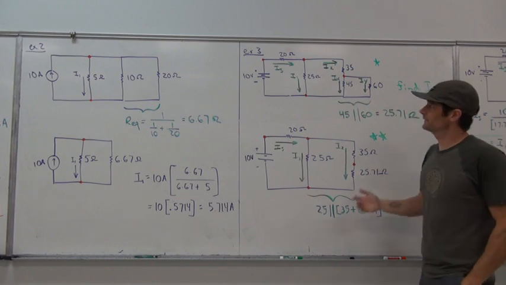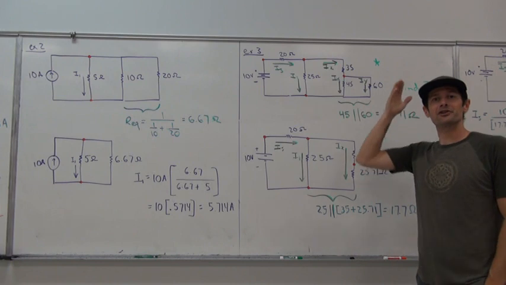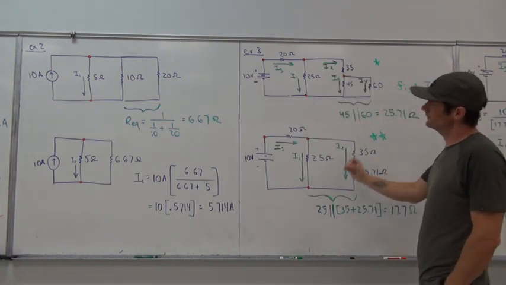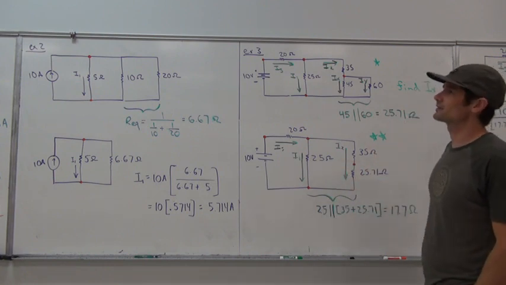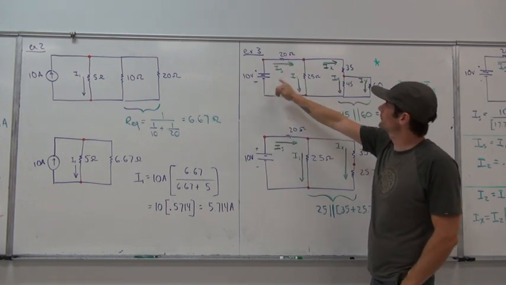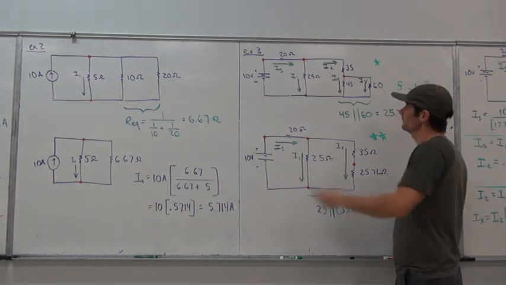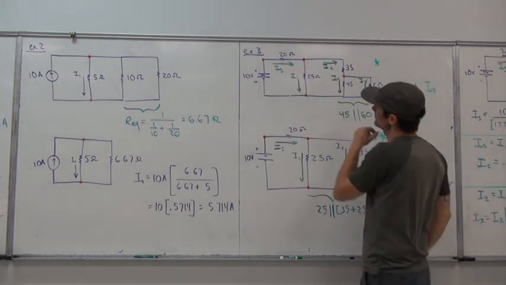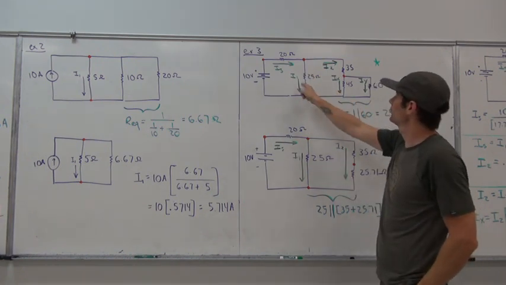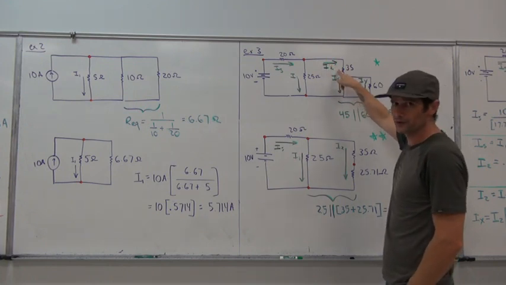Let's talk about the definitions of IS, I1, I2, IX, and IY, and how this current is dividing within the circuit. Current leaves the positive terminal of the 10-volt source, IS, and flows through the 20 ohm resistor. But it gets to that node right there, and it splits between the 25 ohms and a current I2 flowing through the 35 ohm resistor.